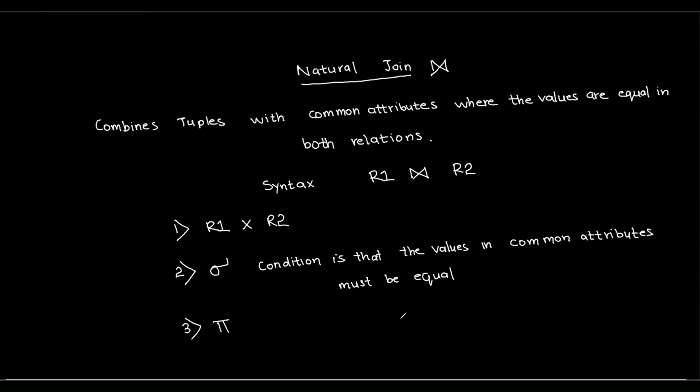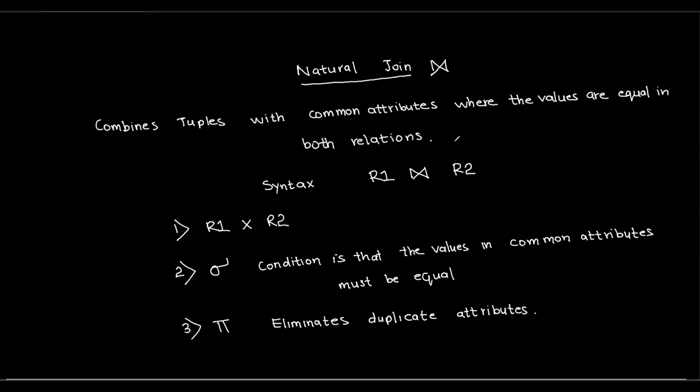Unique columns and only one copy of the common attribute. This eliminates the duplicate attribute. This is what happens behind natural join.